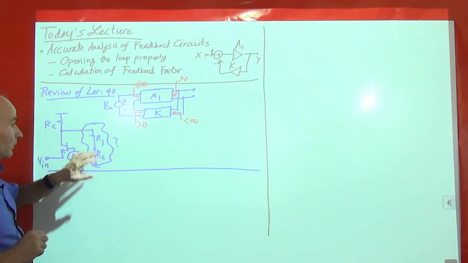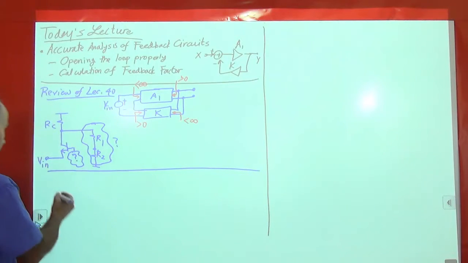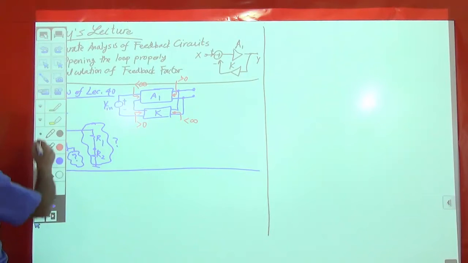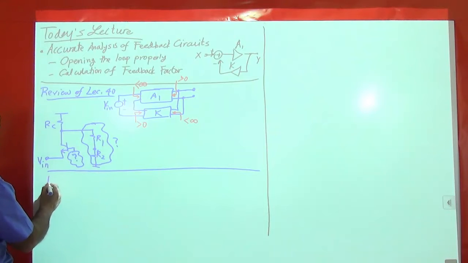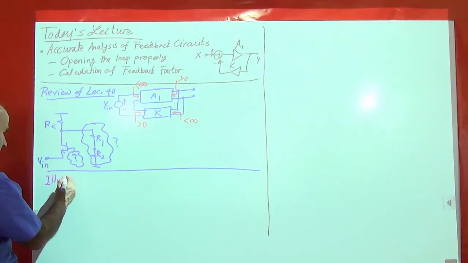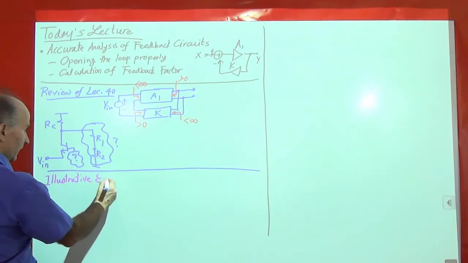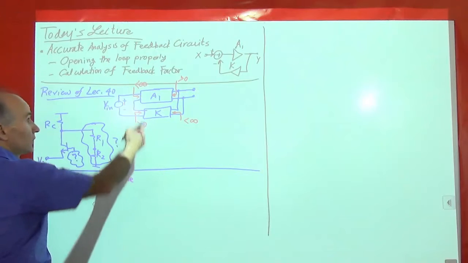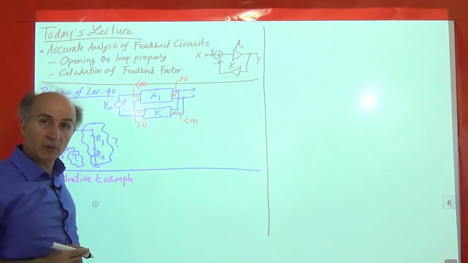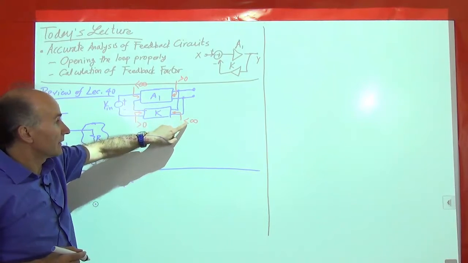All right, just to show you why these are causing problems, let me give you an illustrative example. So this will show you exactly what the problem is. So let's consider the voltage feedback situation and assume this is not true and this is not true.